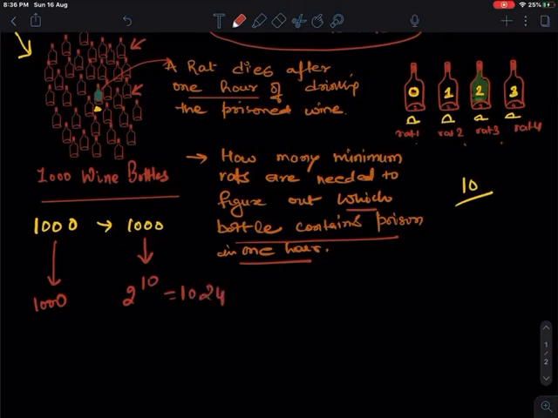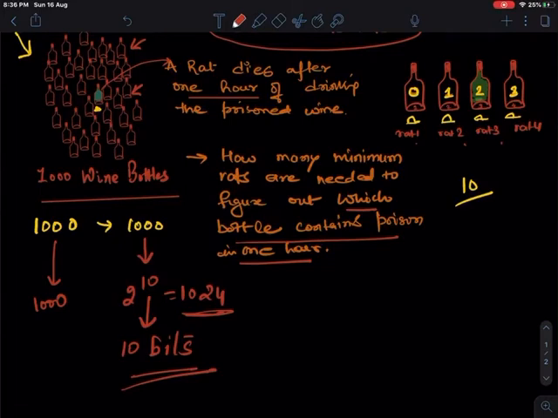What does that mean? That means that I need at least 10 binary bits, 0 and 1, to display a combination of 1000 numbers at least. So if I have to write 1000 numbers, how do I represent 1000 numbers in binary? How many bits will I need?